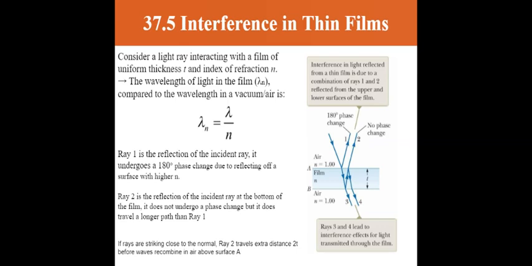What really matters is the extra vertical distance that ray 2 covers. Since the ray goes down to the bottom of the film and then back up, that extra distance is twice the thickness of the film. But we also have to consider that while traveling in the film, its wavelength changes by a factor of 1 over the index.